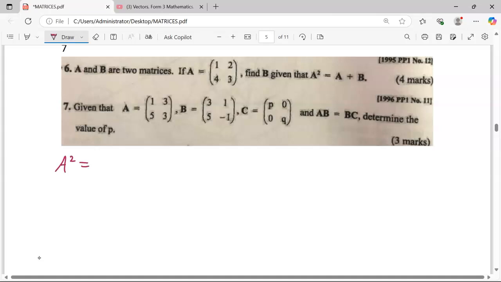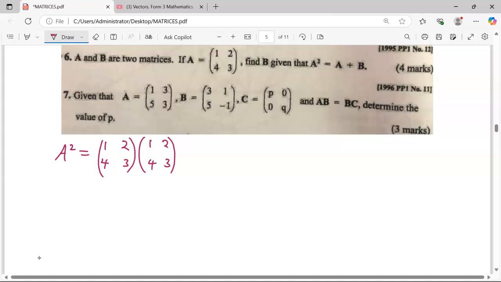A squared is going to be obtained by taking A, which is 1, 4, 2, 3, and multiplying by 1, 4, 2, 3. Remember, when multiplying matrices, we multiply rows times columns.